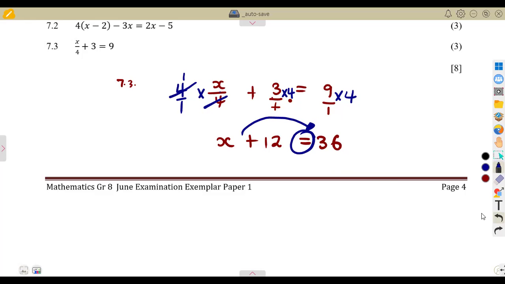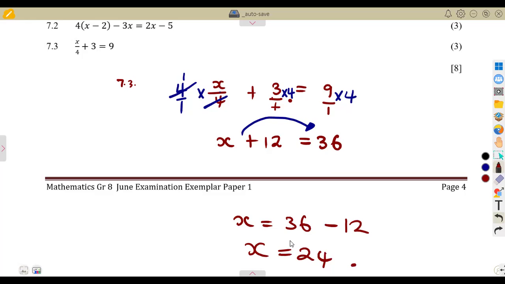The moment it crosses the equal sign, it is supposed to change its sign. So x is going to be 36 minus a 12, which is the same answer as what we got before, which is a 24. So this was your question paper of June 2015.